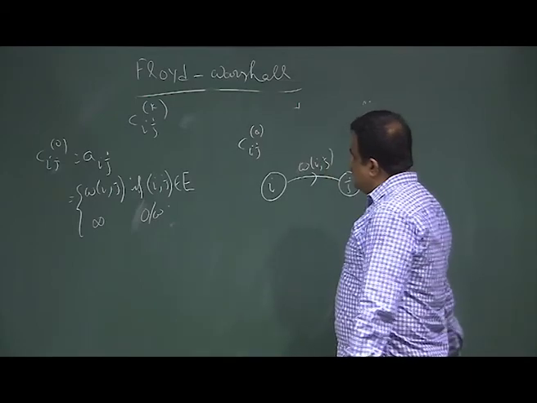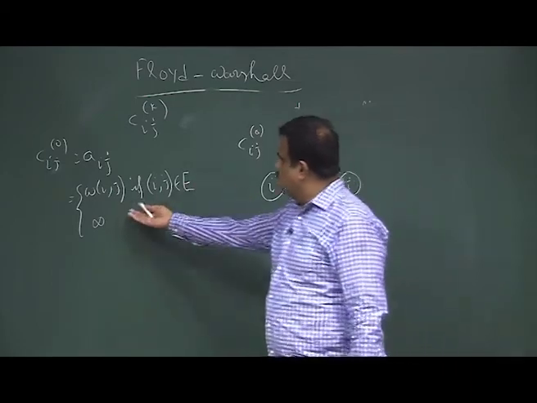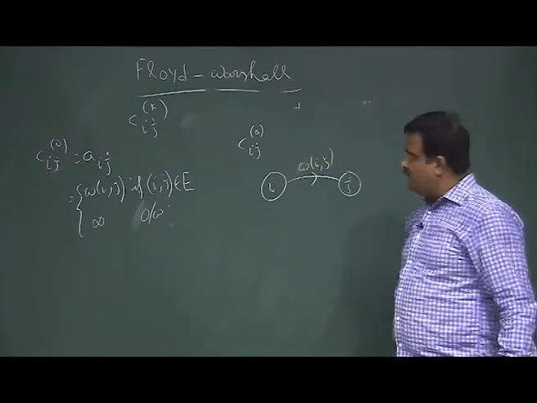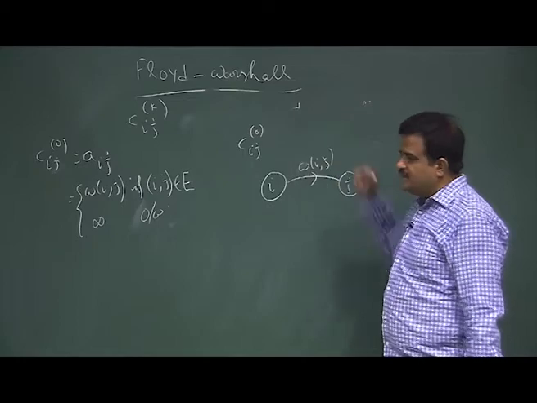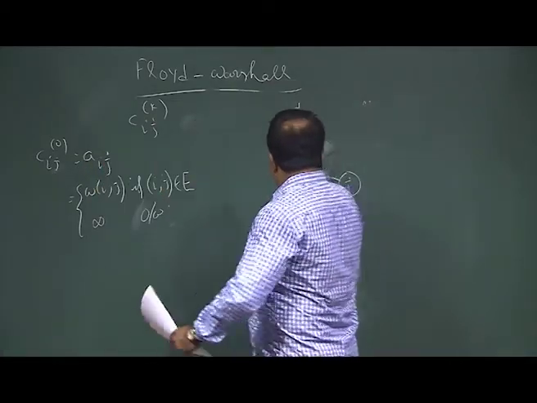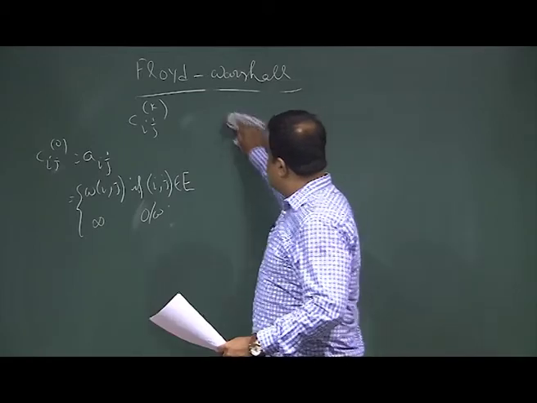So, it is basically A_ij, coming from the adjacency matrix. So, this is the C_ij^0, the initial condition. But what is C_ij^k?